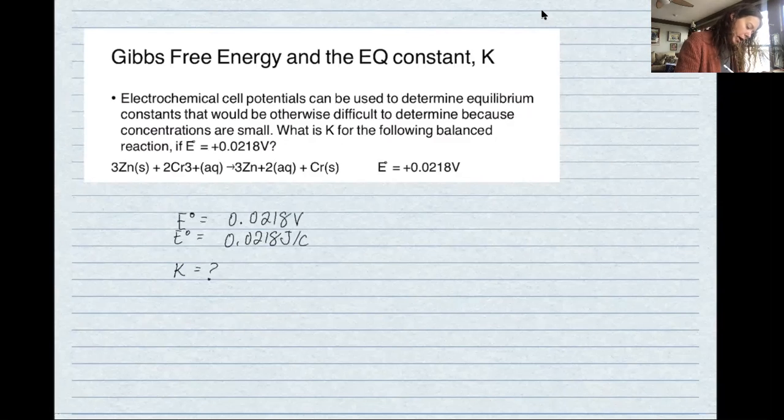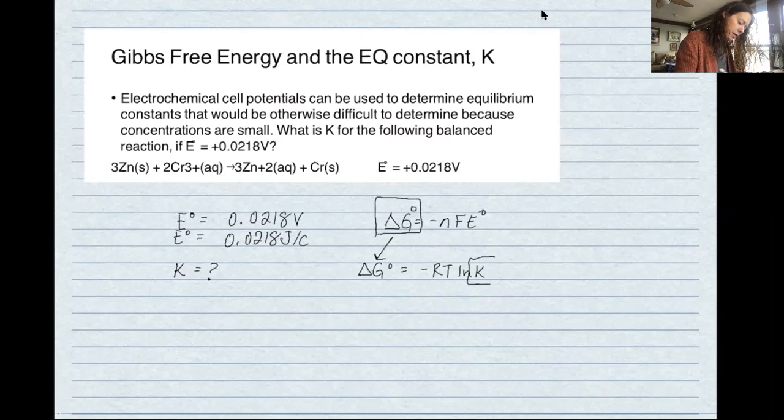All right, well, remember that delta G equals negative RT ln K? And I know that delta G equals negative nFE. So I'm going to first solve for delta G, and then I'm going to plug it in here and solve for K, okay?